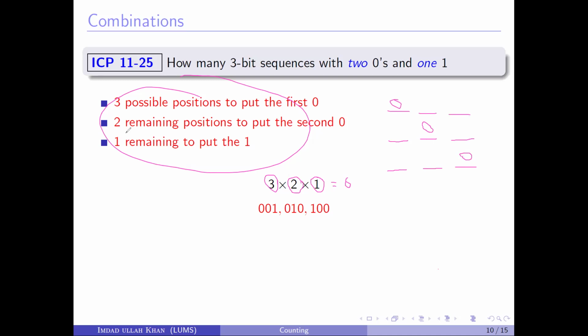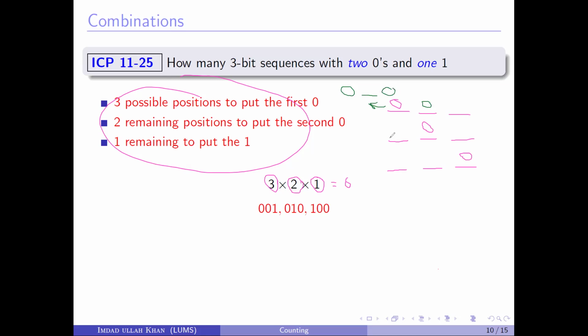Then we go to the second bullet, two remaining positions to put the second zero. Now we have two choices. Let me change the color. So if I look at the first possibility, I can put the zero over here. Or from this one, I can generate a possibility where the first zero remains as it was, but the second zero is placed at the end.